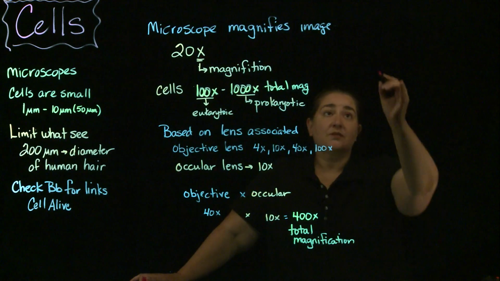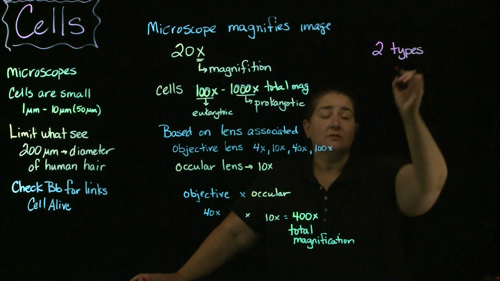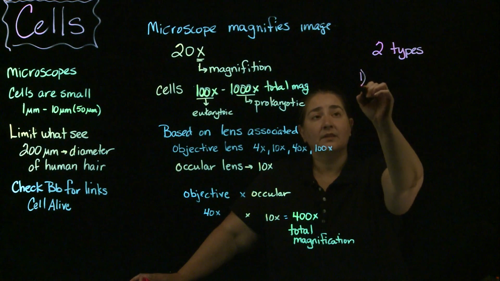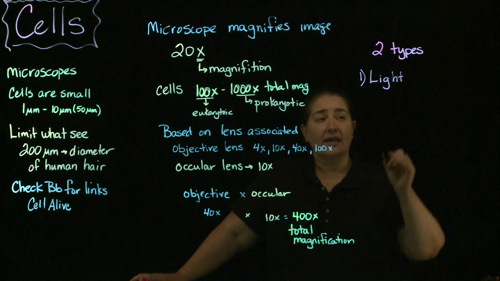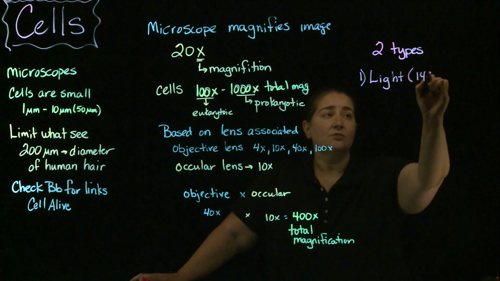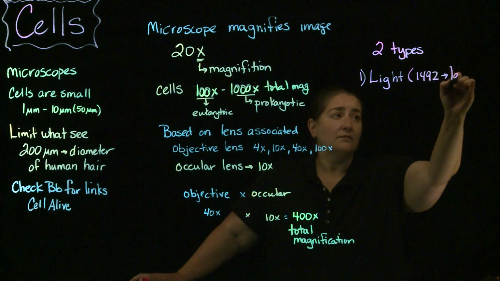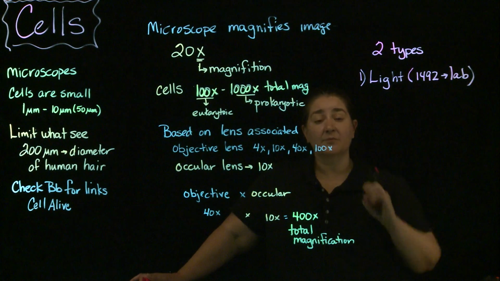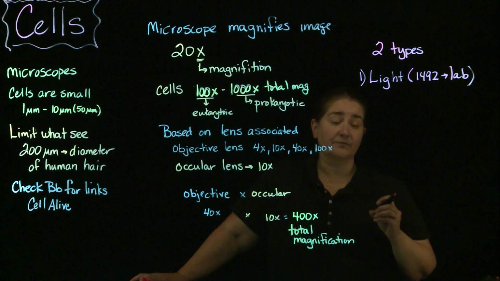With microscopes, there are going to be two types of microscopes that I'm going to talk about. One is going to be the light microscope. And if you're taking 1492 lab, this is going to be the type of microscope that you're using in lab. It's a light microscope.